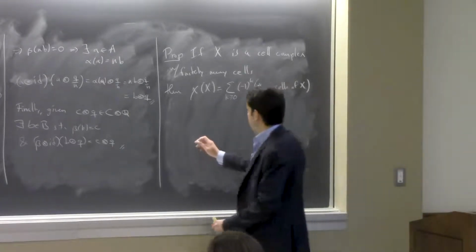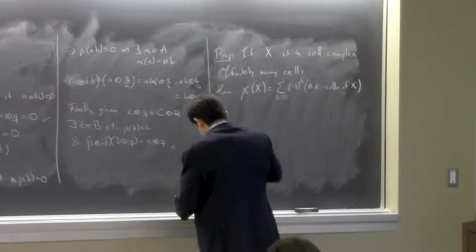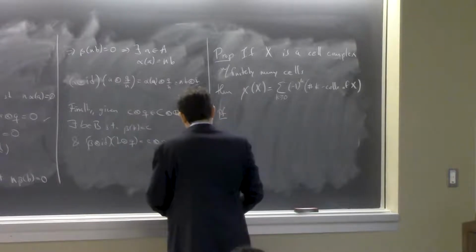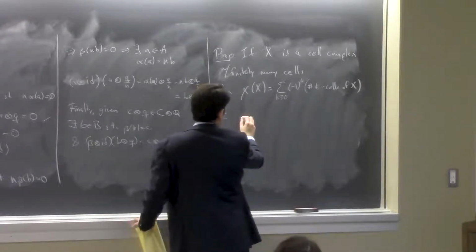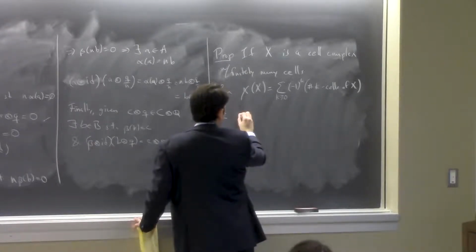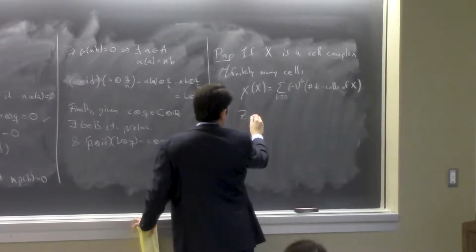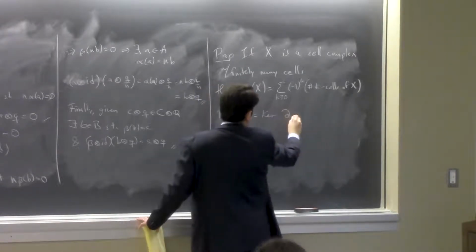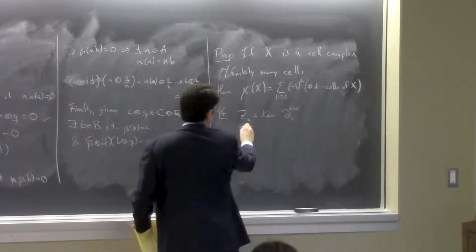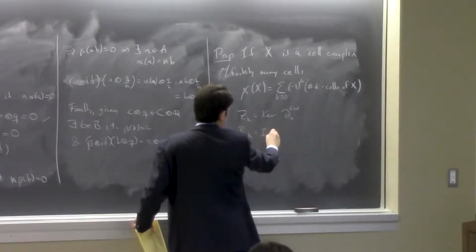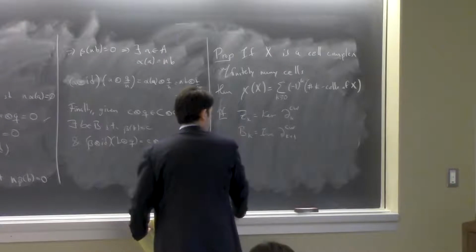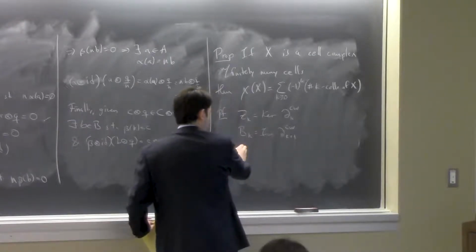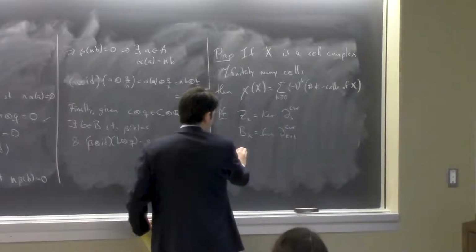Okay, so why is this true? Well, let's call Zk equal to the kernel of the boundary map on the k-th CW chain group, and let Bk be the image of the boundary map from the (k+1)-th, so that we have two short exact sequences.